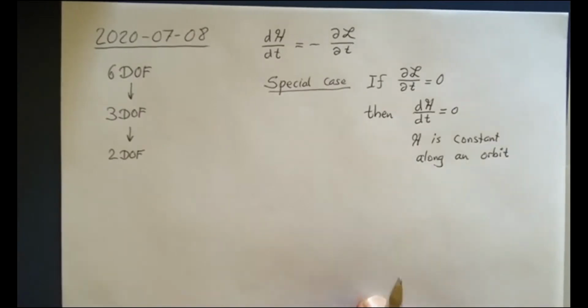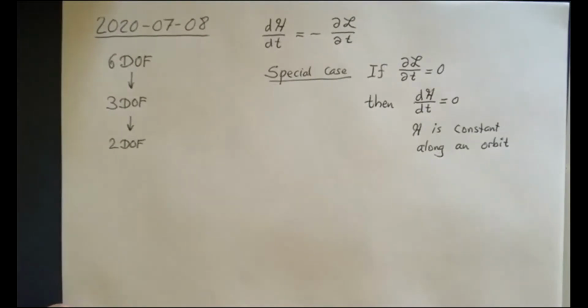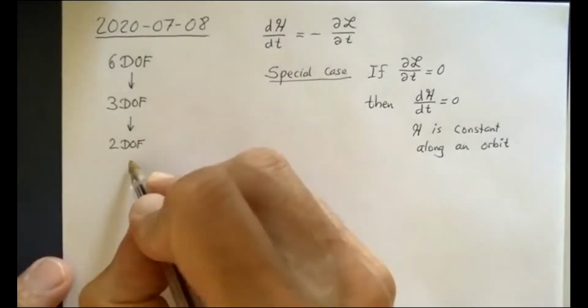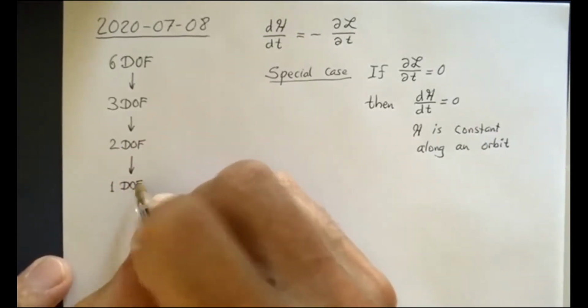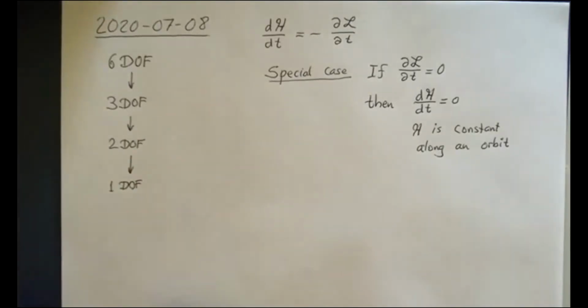Then we went to plane polar coordinates with r and phi, and then we observed that the constancy of the z component of the angular momentum enabled us to reduce this to a 1 degree of freedom problem. Okay, so this was a great triumph of classical physics.